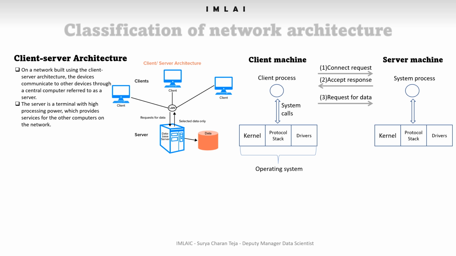The receive call blocks the server. This happens in parallel with the connection request. When it receives the connection request, at that moment itself the receive primitive comes into the picture.